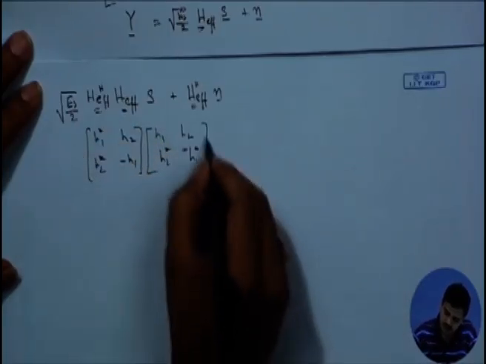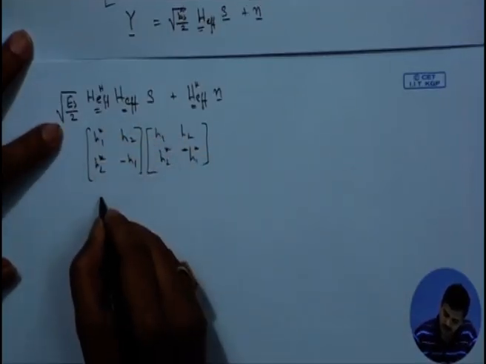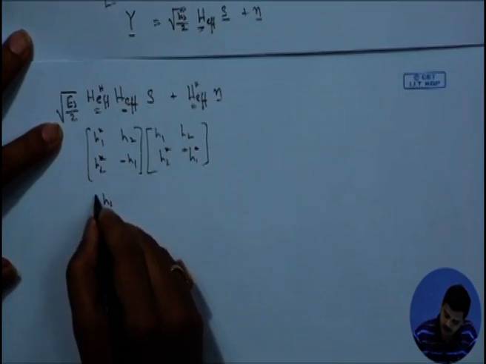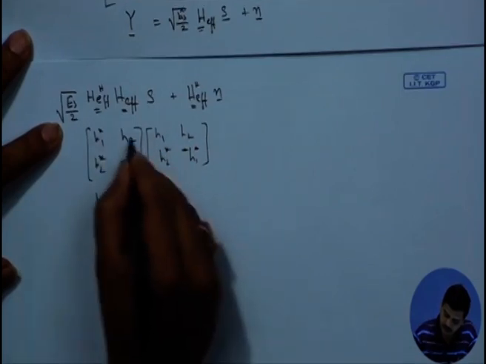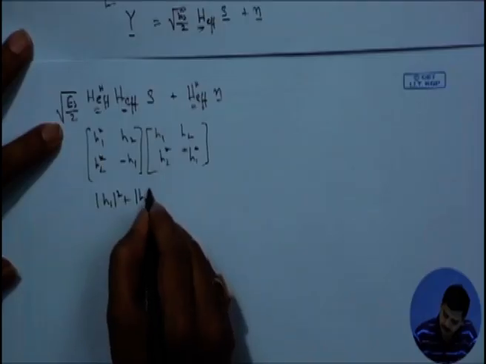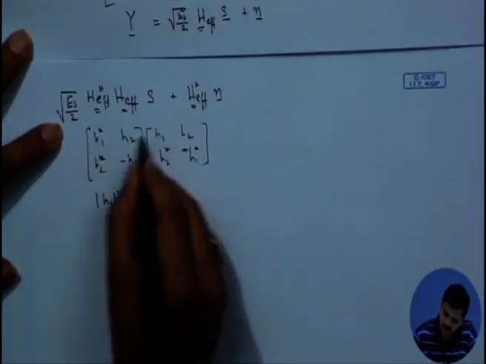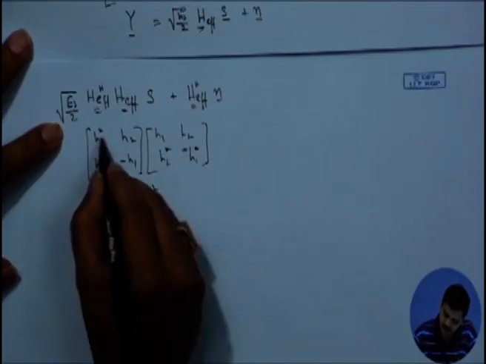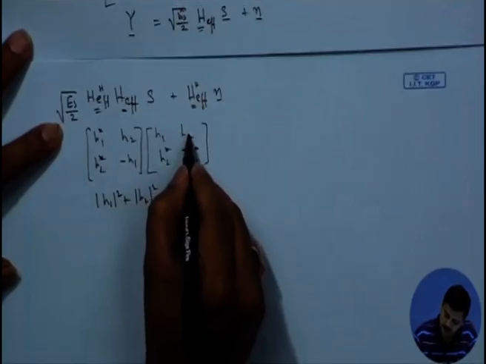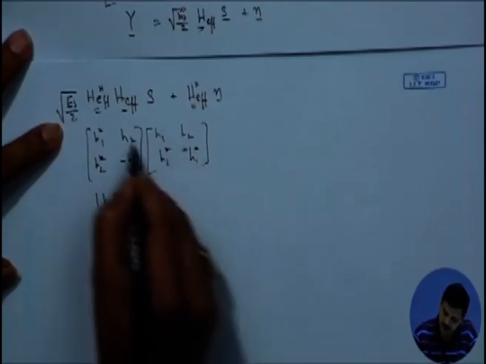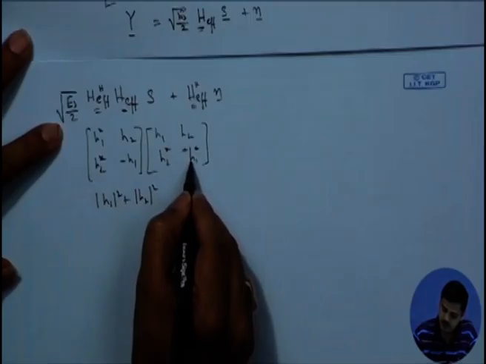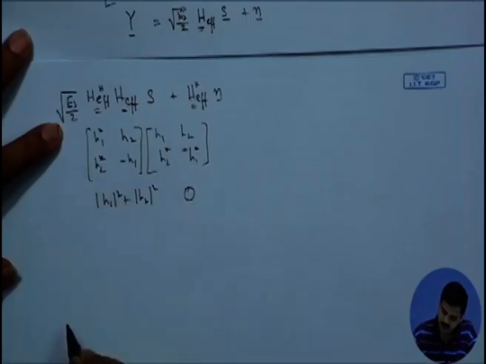So we'll focus on this particular product. What we see is that we are getting |h1|^2 plus |h2|^2. The second term would be h1 conjugate times h2 minus h2 times h1 conjugate, so they cancel out each other, we get a 0 there.